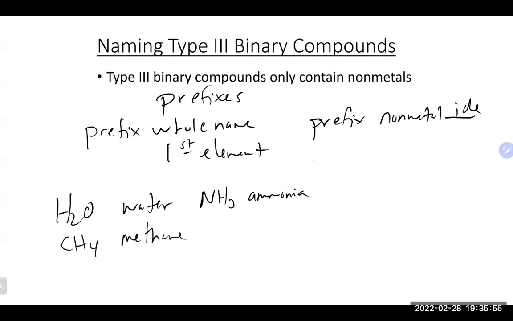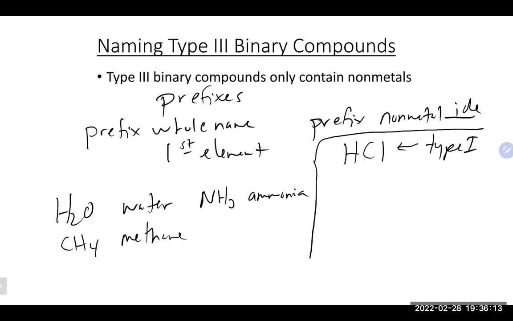So sort of an exception to what we're going to be talking about here is when we put something like, for example, HCl together. H is hydrogen, which is a nonmetal. Cl here is chloride, which is also a nonmetal. It really follows type 1 naming when you are dealing with hydrogen. So really this is considered like H+ and Cl-. So we would call this hydrogen chloride.